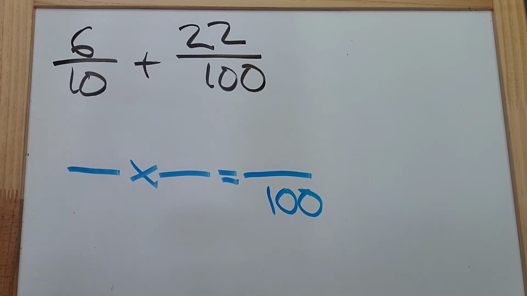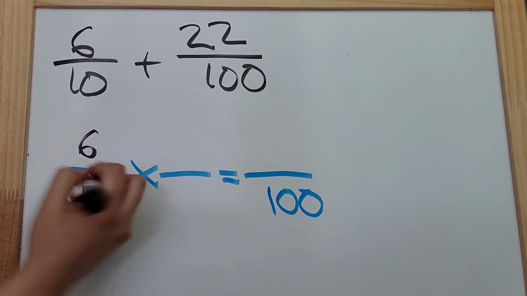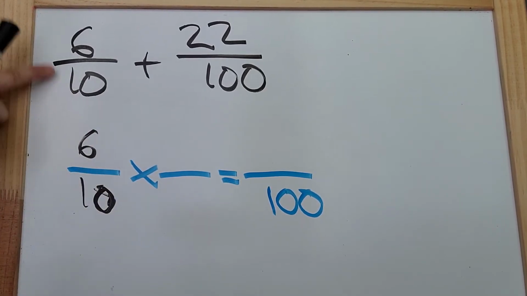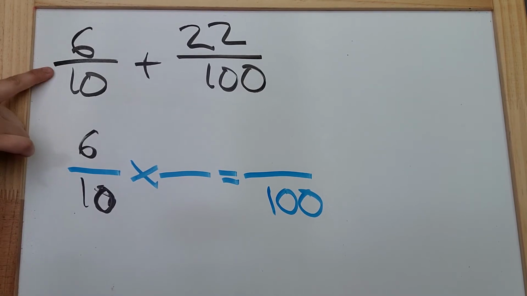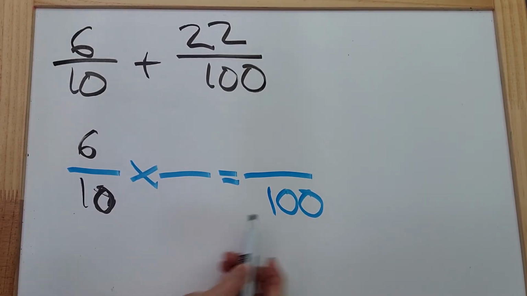Now we plug 6 tenths in this part, because this is the fraction we want to be converting to hundredths. So 10 times what number equals 100?